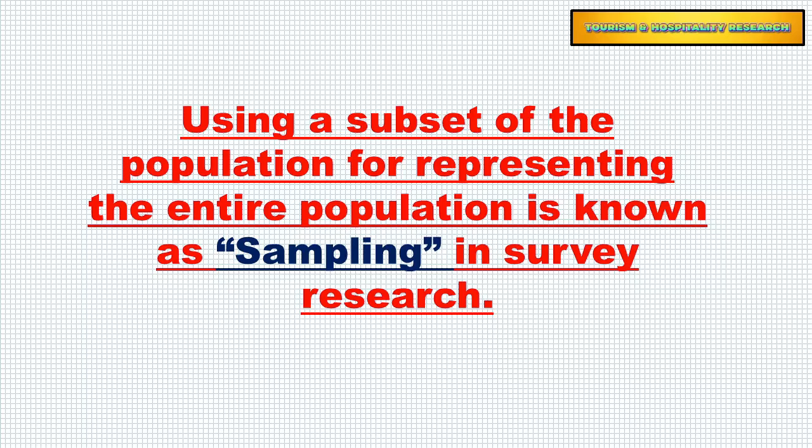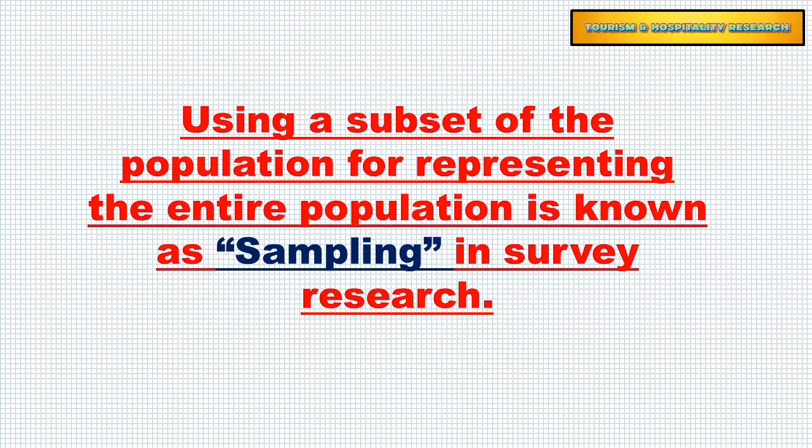But I cannot survey each and every member of the population. It's not feasible. In case I am doing a census, then I would definitely survey each and every member of the population.